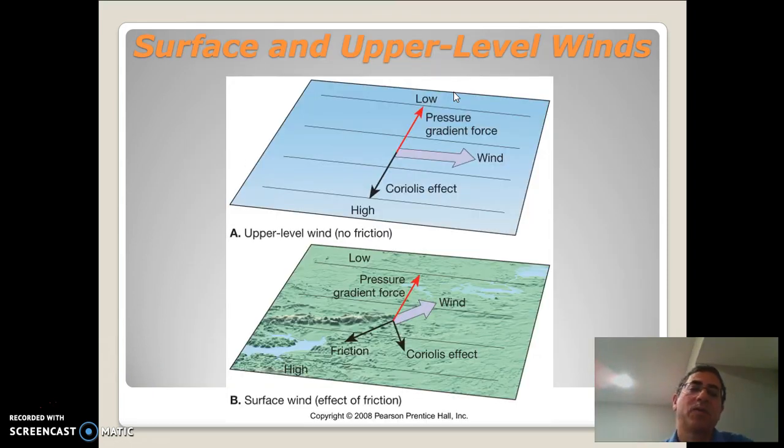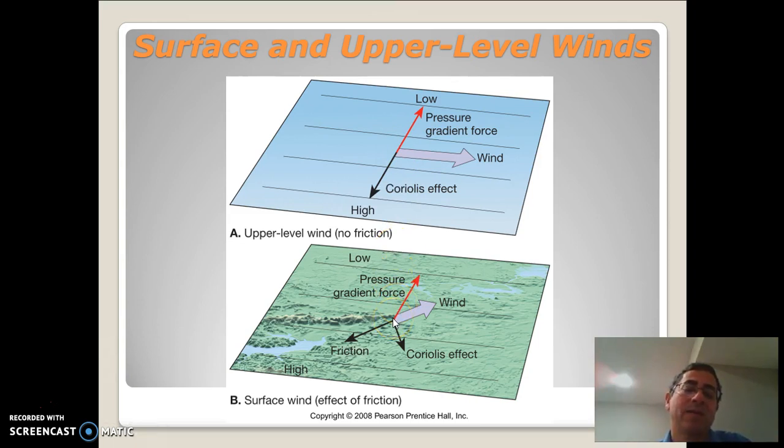Okay, if we only had high elevation winds and combined the pressure gradient force, the red arrow here, and the Coriolis effect, we would have winds that travel parallel to the isobars. These parallel lines are isobars. But for this class, we really won't worry about high elevation winds. We'll be looking at surface winds.